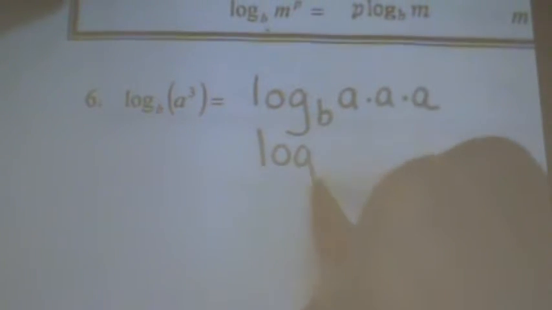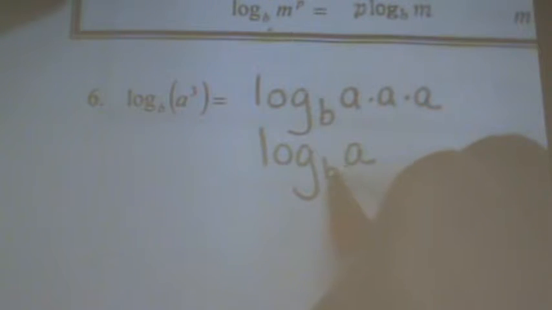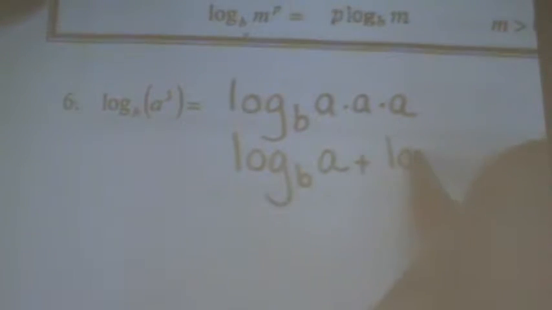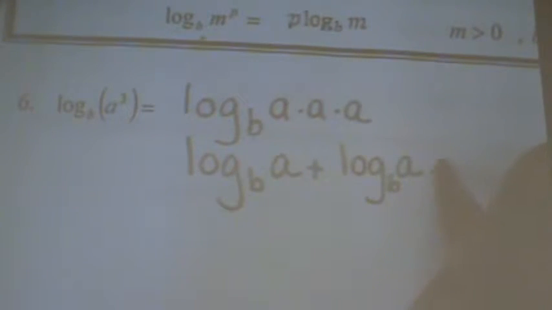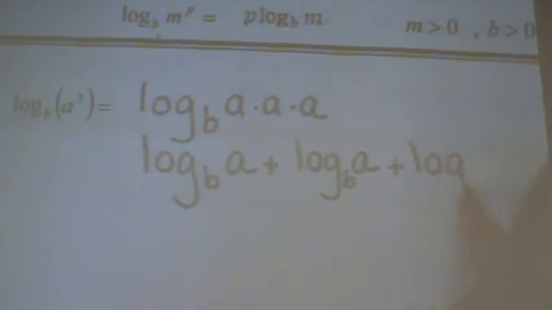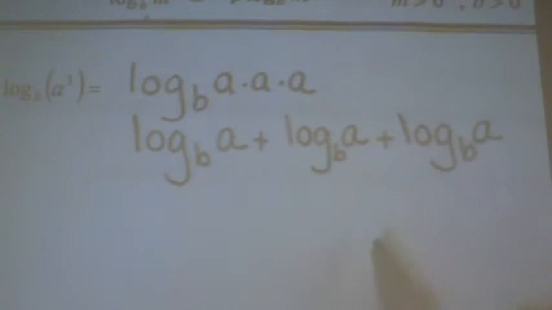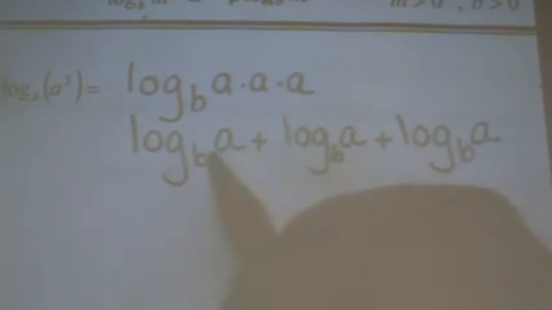Okay, so would you agree that this would be log of A plus log of A plus log of A? Do you agree with that? And isn't repeated addition multiplication? So couldn't I write that we have, how many of these log of A base B's do we have? We have 3 of them.